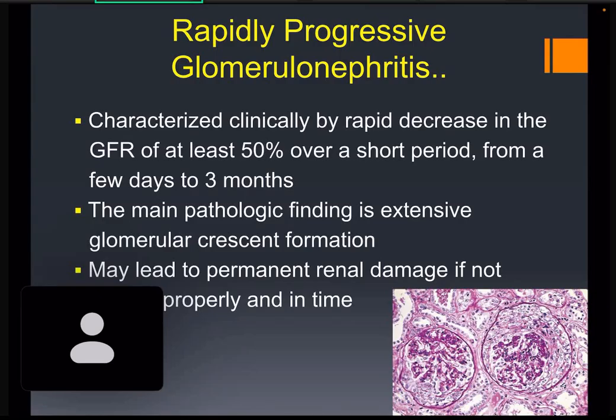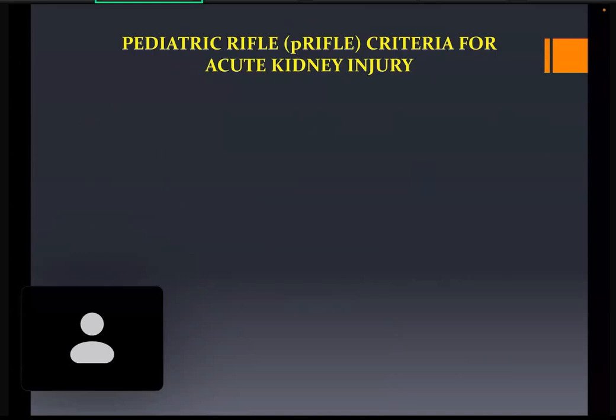When you say the crescent, it's from the Bowman's capsule and the outer side of this shrunken glomerulus. That's why it's called a crescent formation, like a crescent moon. It means your glomerulus has shrunk and these cellular cells have leaked out into the Bowman space. Supposedly the Bowman space is clear.